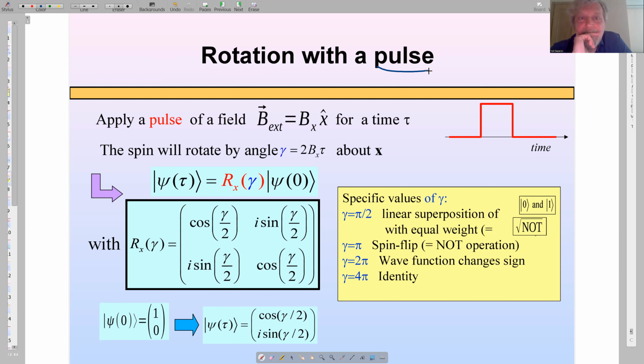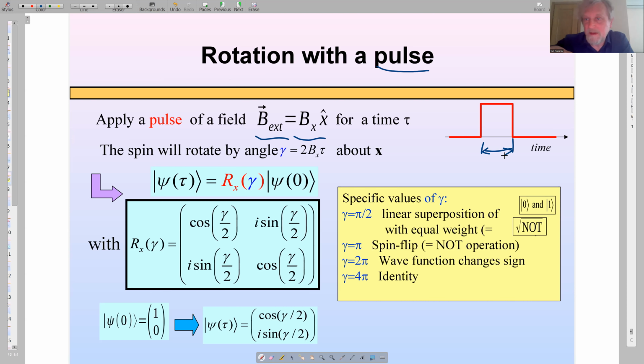And then we will apply a pulse in the x direction. So what does it mean? For some time tau, the value of Bx won't be zero. What will happen in this case?